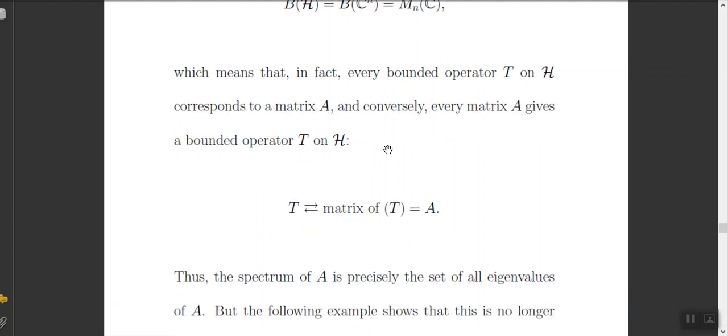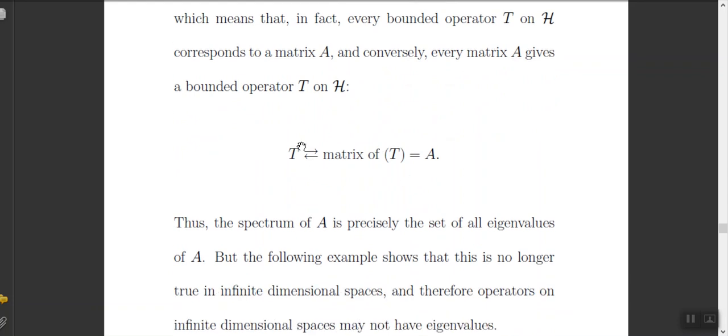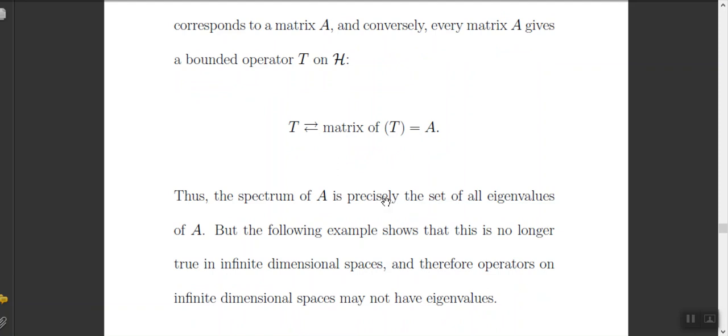In the finite dimensional case, when we are talking about the spectrum of T, it means we are talking about the spectrum of the matrix of T. The spectrum of T is nothing but the set of eigenvalues of the matrix of T, which is A. It means when you have a bounded linear operator like T on a finite dimensional, let's say n-dimensional complex Hilbert space, which means C^n, then the spectrum of T is precisely equal to the set of eigenvalues of the matrix of T. This is the case for finite dimensional.